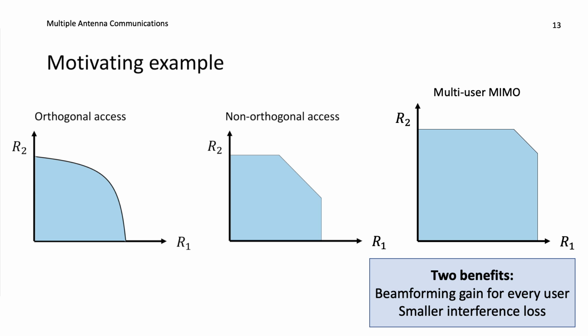That will also mean that this trade-off between them is going to be smaller. So if we would like to serve one user with its maximum rate, the loss for the other user compared to its maximum rate is going to be smaller than in this non-orthogonal access case. And that can also give us the opportunity to use simpler methods for receiving the signals than successive interference cancellation.